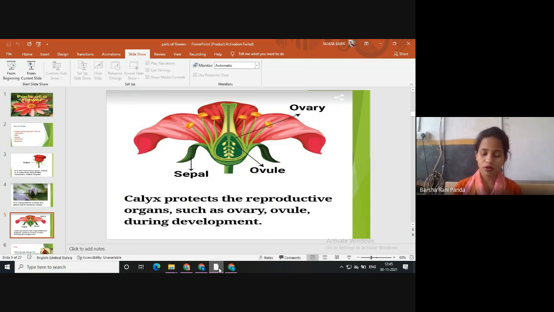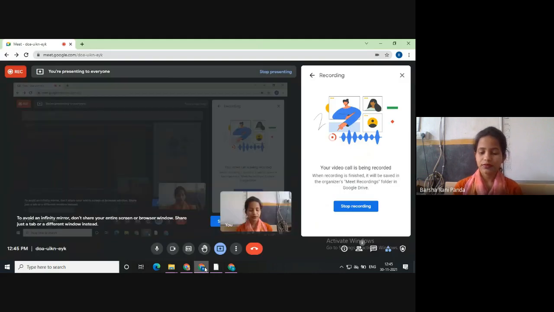When it was a bud, it protects the petals, and when the flower blooms, then the calyx protects the internal part or the reproductive part of the flower, that is the ovary and ovules. So it will protect these organs.